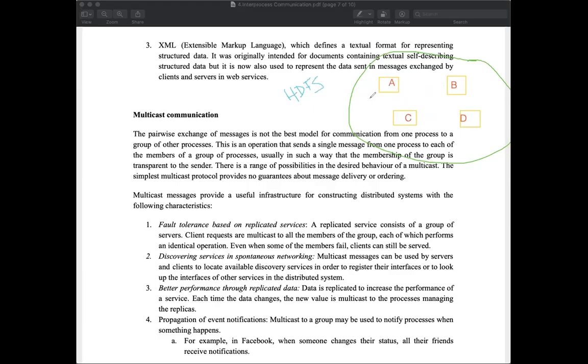Let's assume that we have a file, right?